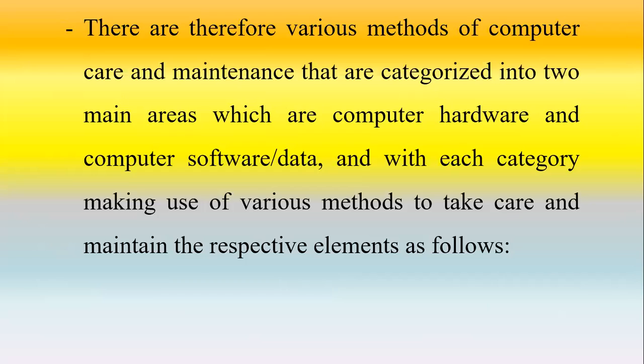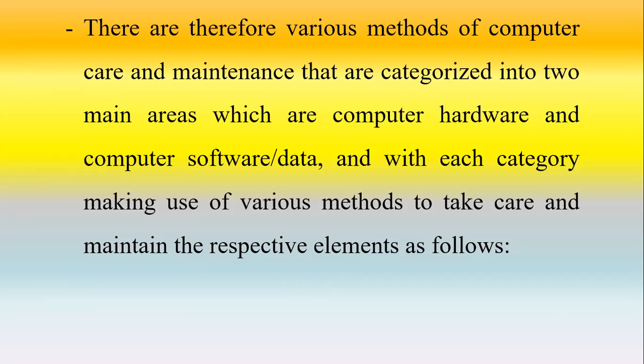There are therefore various methods of computer care and maintenance that are categorized into two main areas, which are number 1, computer hardware and number 2, computer software or data. And with each category, we have various methods that can be used to take care of and maintain each of the respective elements.